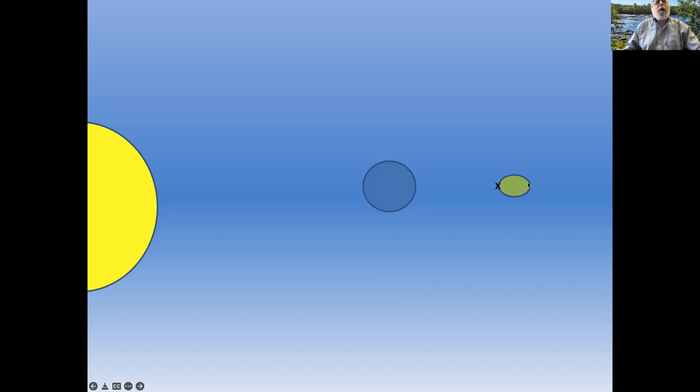Now, I've drawn this planet here elliptically because there would be two high tides, one directly in line with Tyran and one on the opposite side. And because of the synchronous rotation, the high tides would stay in the same place all the time.